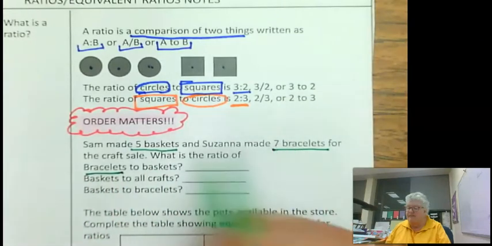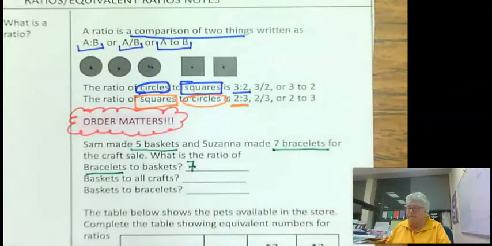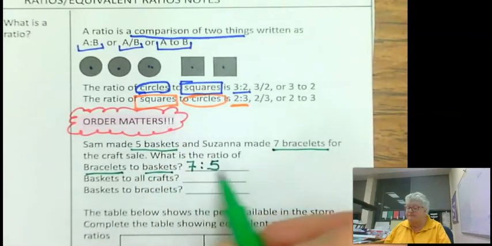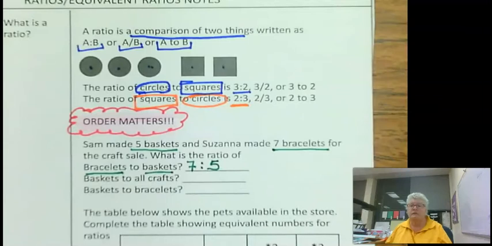I have 7. I'm going to use the colon there. And that is to how many baskets? 5. Okay? Easy, right? Nothing tricky. I'm telling you, this is not tricky. This is super easy.